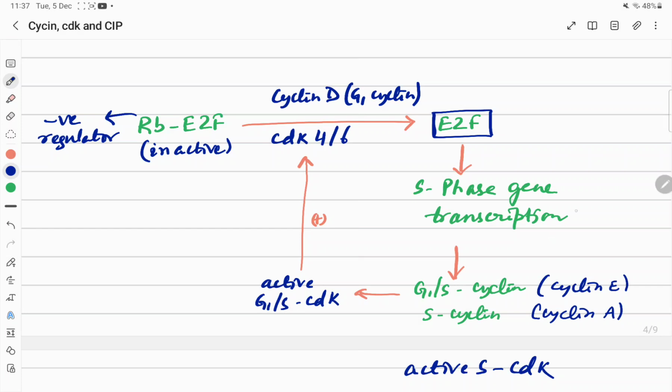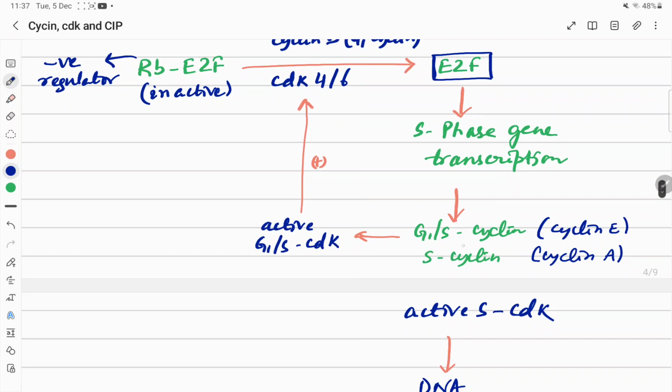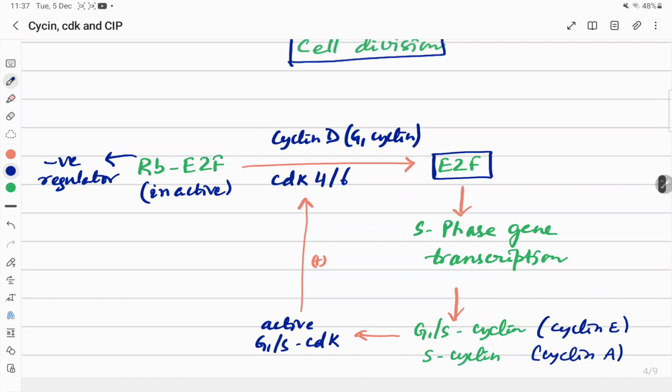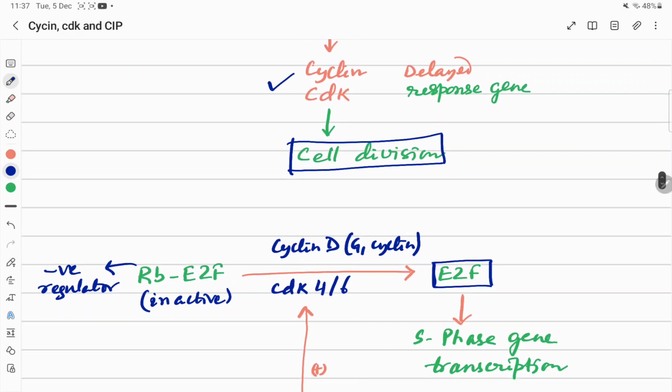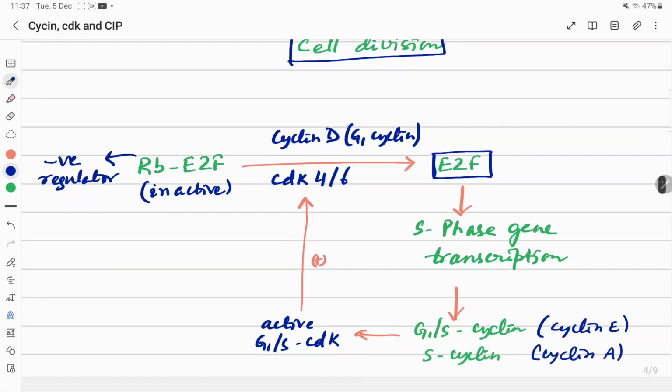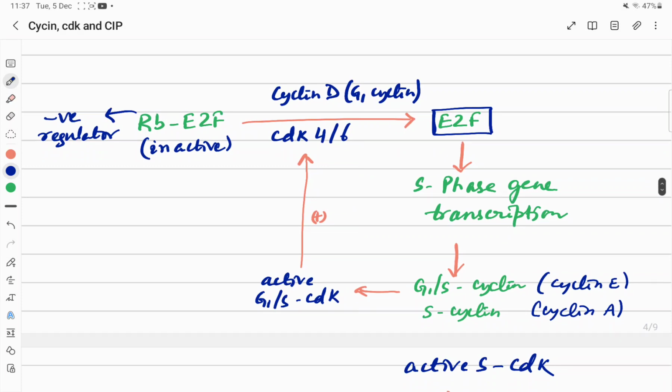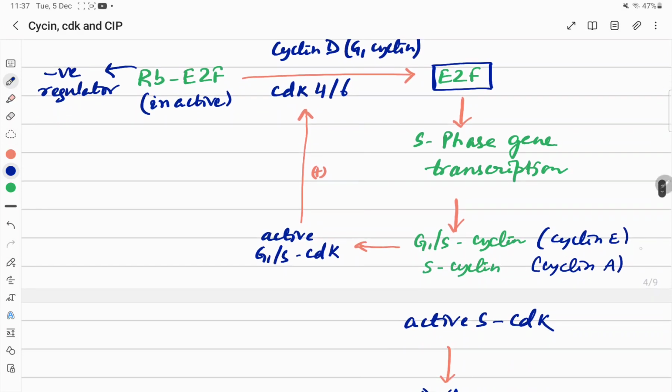It causes S phase gene transcription, so there will be transcription of G1 S cyclin and S cyclin. As we have discussed here, MYC helps in transcription of cyclin and cyclin dependent kinases. So here Cyclin D and CDK4/6 complex can activate E2F, then E2F will cause the transcription of again the cyclins, Cyclin E and Cyclin A.